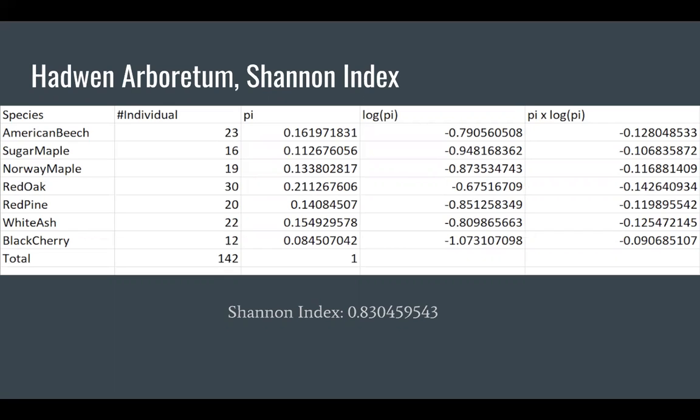So there is a higher number in the Hadwin Arboretum for the Shannon index than the Billerica State Forest, which means the Billerica State Forest is more diverse.